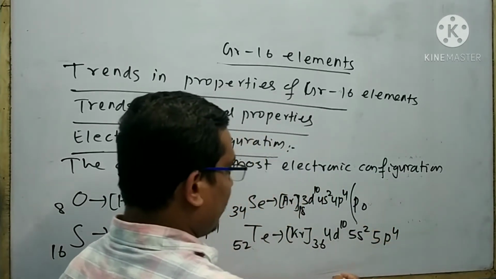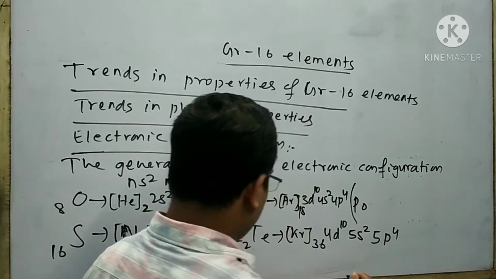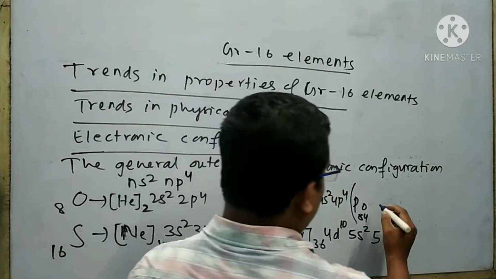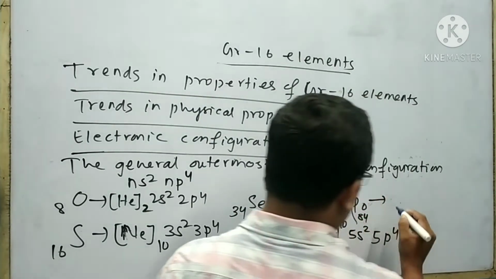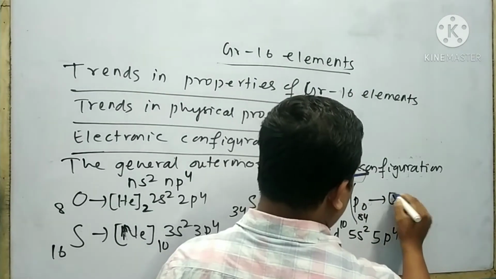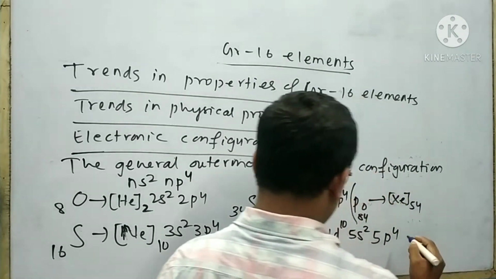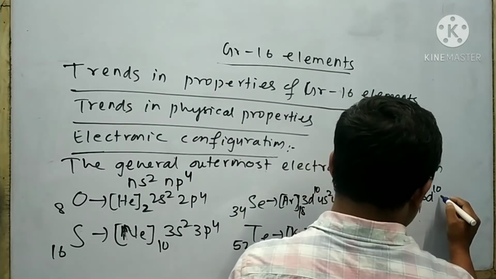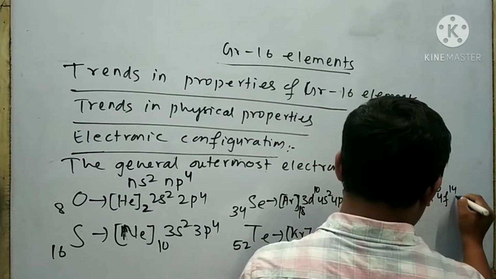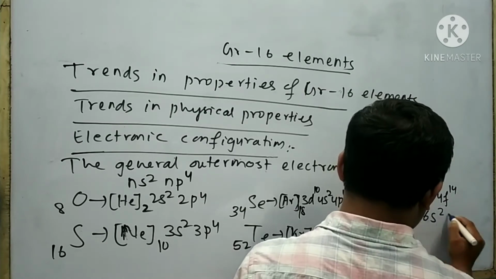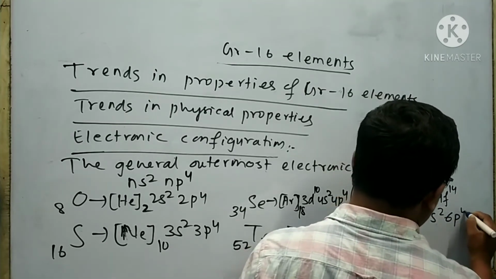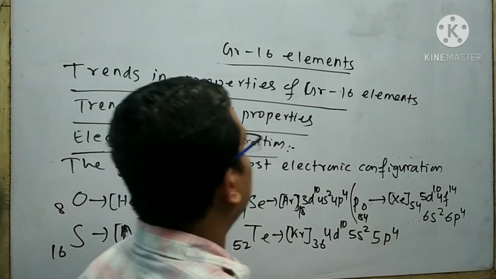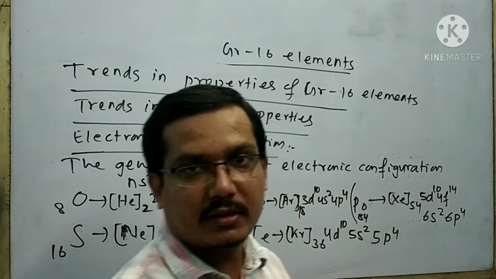The polonium element has atomic number 84. The electronic configuration of polonium is xenon 54 5d10 4f14 6s2 6p4. These are the electronic configurations of group 16 elements.